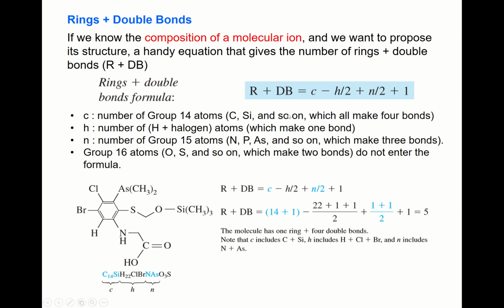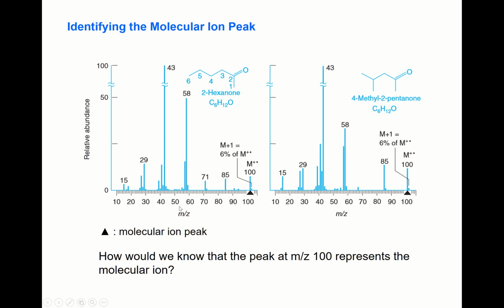Anyway, this formula is convenient to calculate the number of rings plus the double bonds. Yeah? This information is good to infer this structure. Okay, identifying the molecular ion peak here usually this one, the peak at highest mass to charge.